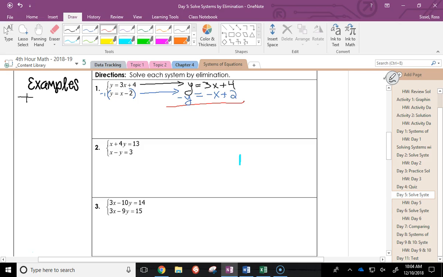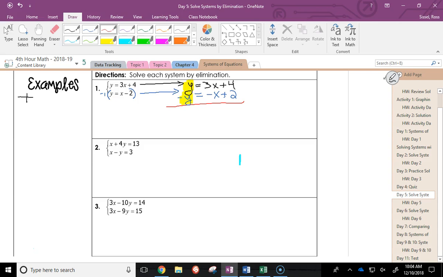Now that the coefficient that was the same, our y's were both 1s, now that they're opposites, I can just do the equation up and down. So, right here, the first one we're going to do is our y's. And y minus y is 0. Now, we eliminated it. That's what we're doing today.